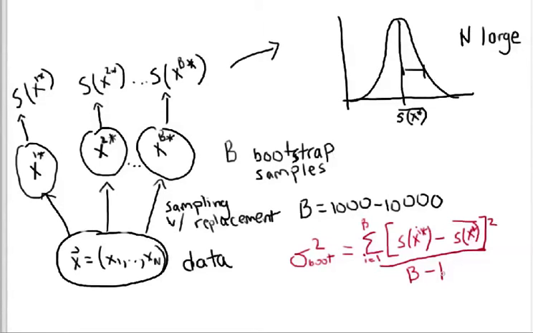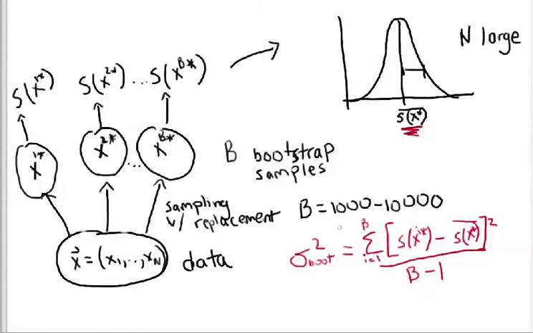And if we say that this resampled distribution of our estimators is centered at this S bar here, then we can compute the width of our distribution just via the standard variance formula, where we compute the squares of the residuals of each of our resampled statistics.